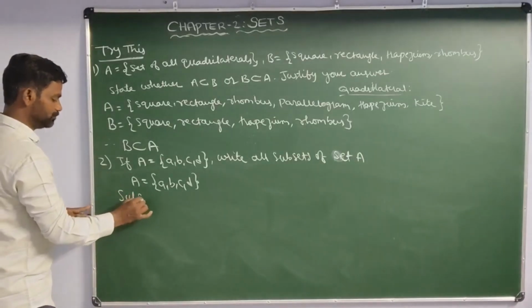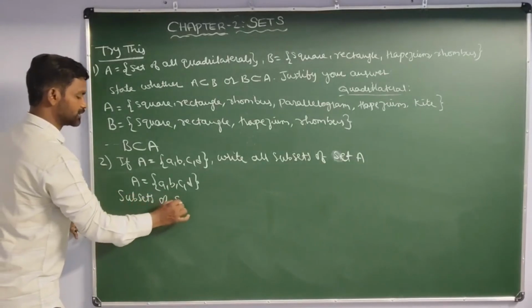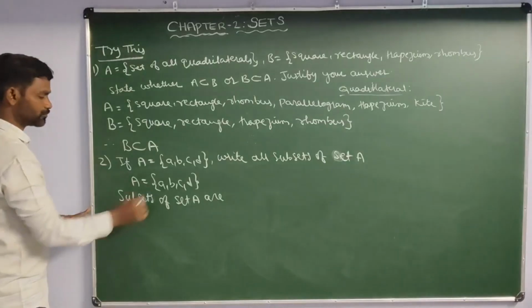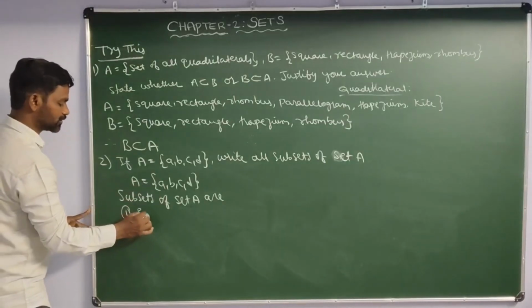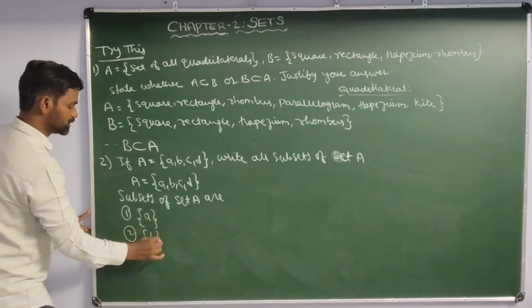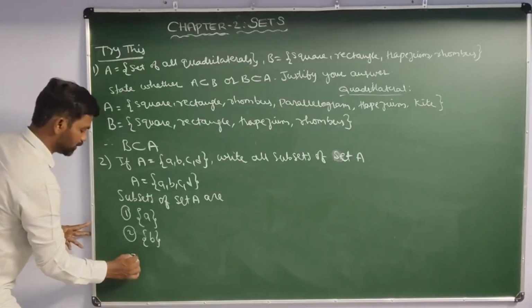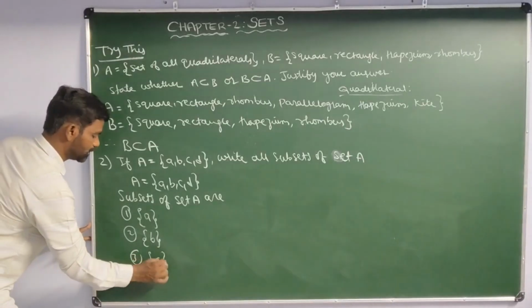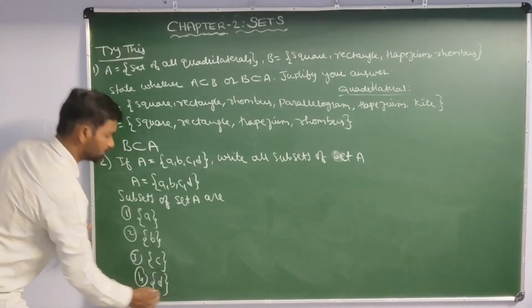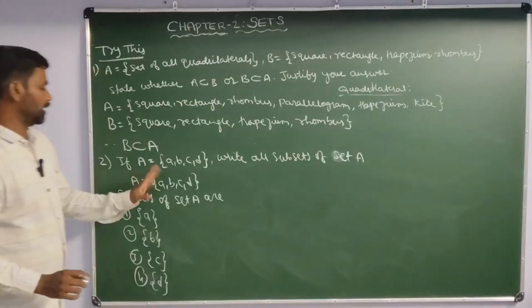Subsets of set A are: first one, you write the singleton set, set A. Second one, set B, single elements. Next, set C. Next, fourth one, it is set D. All the single elements are completed now.